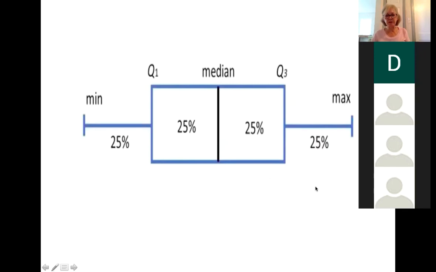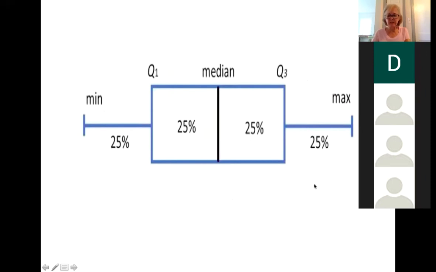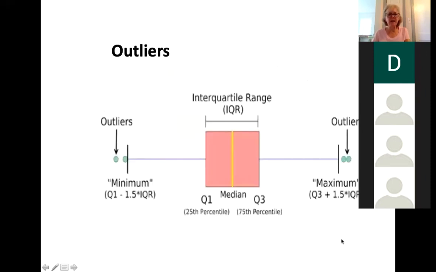So here's a picture, 25, 25, 25, 25. So what's happening here is that Q1 and Q3 chop off the middle 50% of the box. Another picture. I've introduced something new in this picture, the concept of outliers.